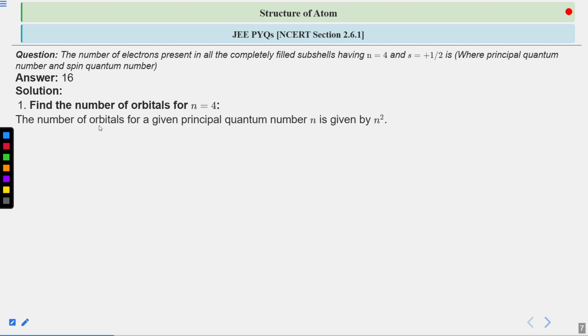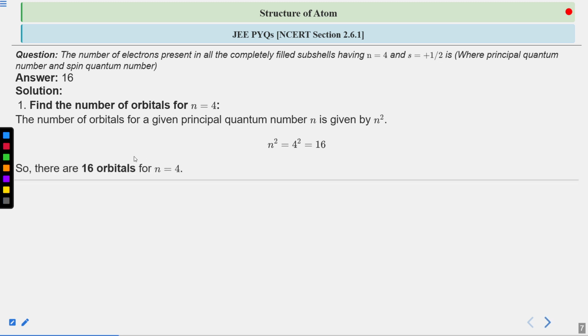If we have n equals to 4, the number of orbitals for a given principal quantum number n is given by n square. Here n is given as 4, so the number of orbitals will be 4 whole square, that means 4 times 4 will be 16. So n square is 4 square is 16.